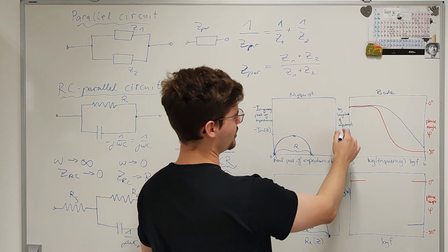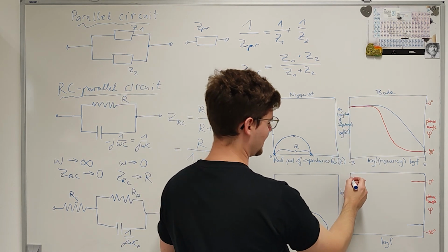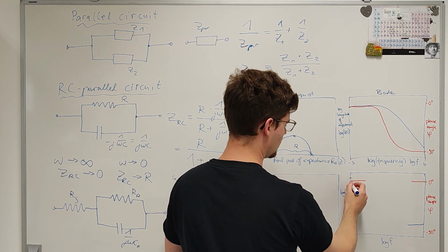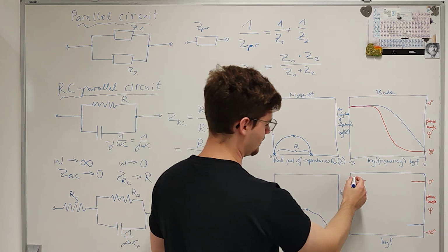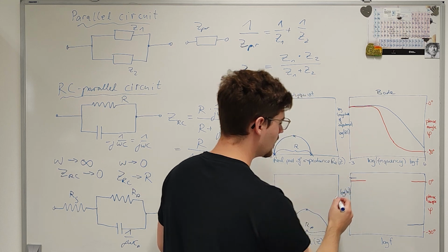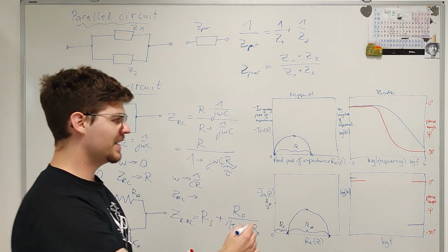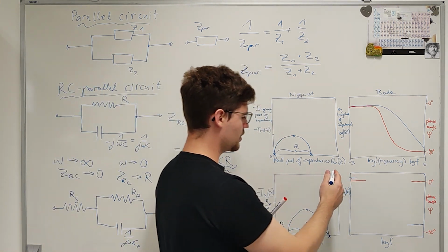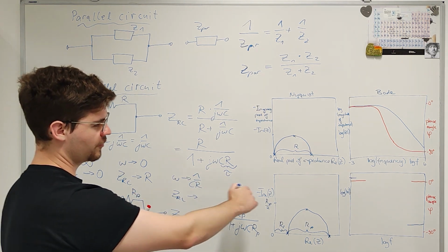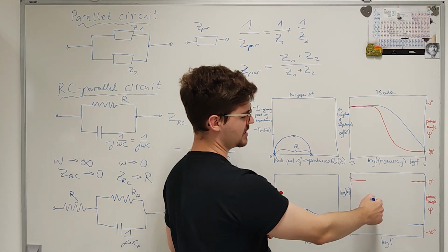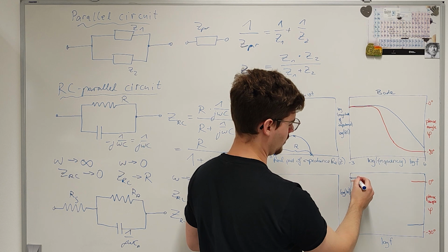And so I should represent this, that this magnitude here is slightly higher, where it's R series plus R parallel. Now, in between, this magnitude falls from one plateau here for low frequencies to the other plateau for high frequencies.